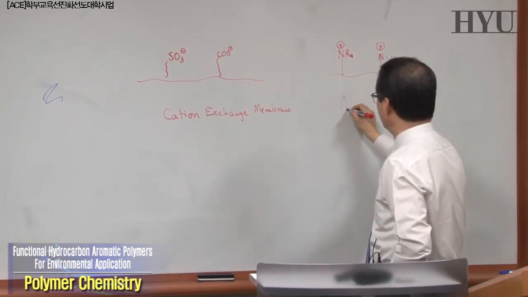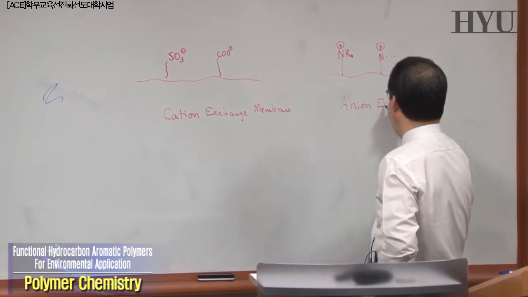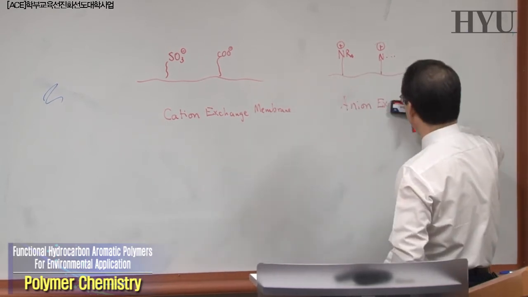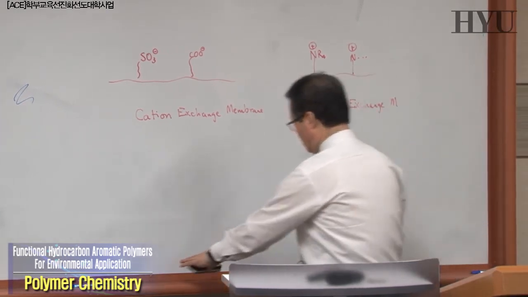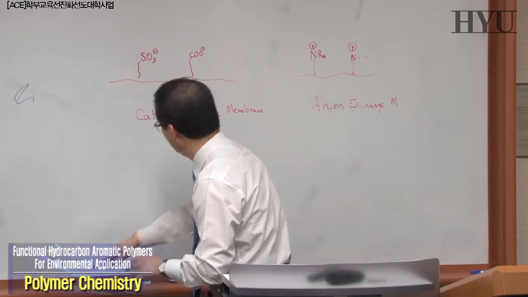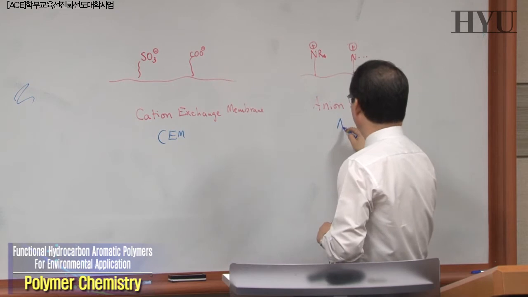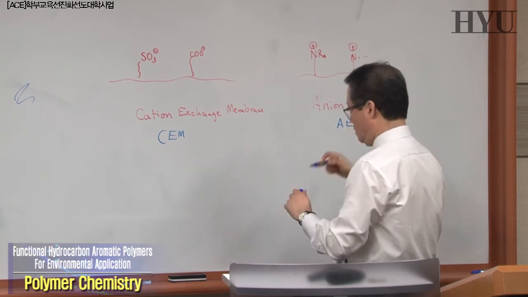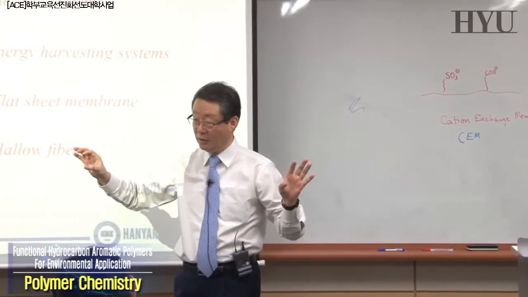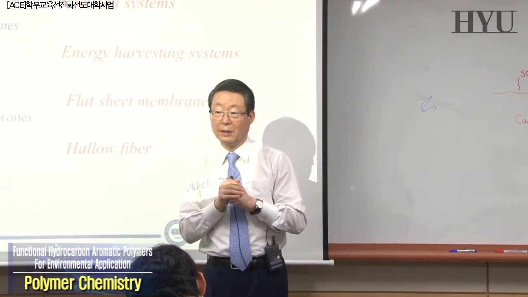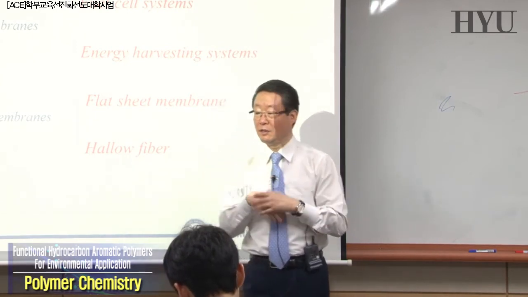And this is the anion exchange membrane. So a cation exchange membrane has anion in the backbone or a little bit of side chain. So don't be confused about the exchange.